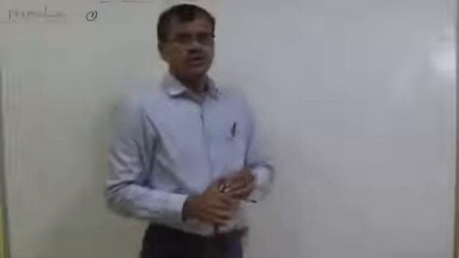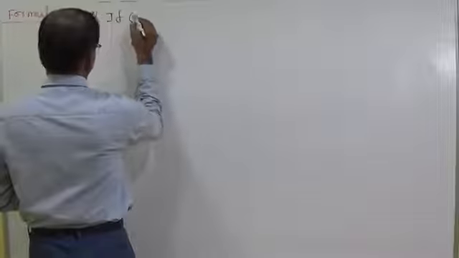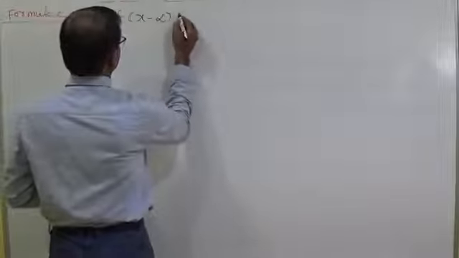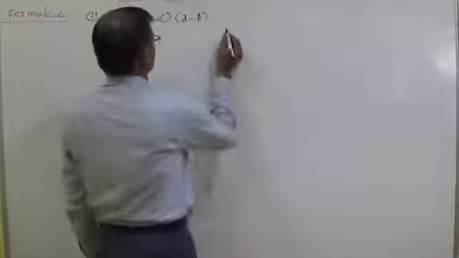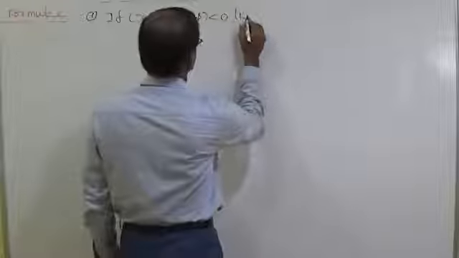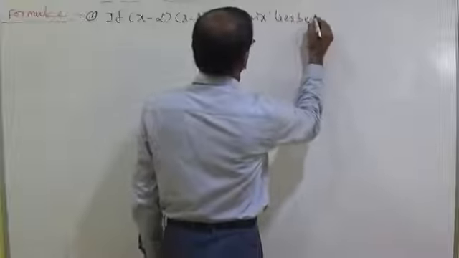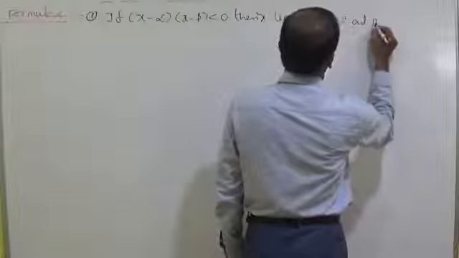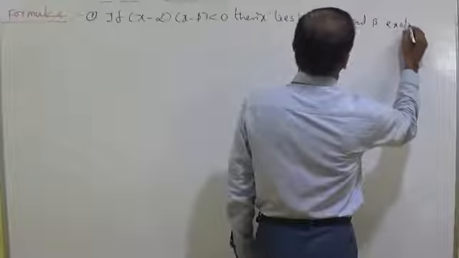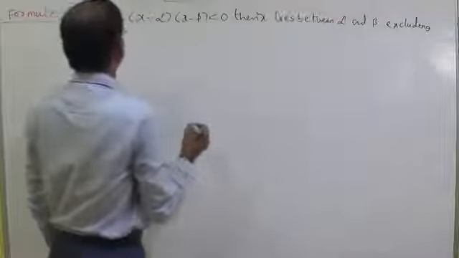First one: if (x minus alpha) into (x minus beta) is less than 0, then x lies between alpha and beta, excluding alpha and beta.